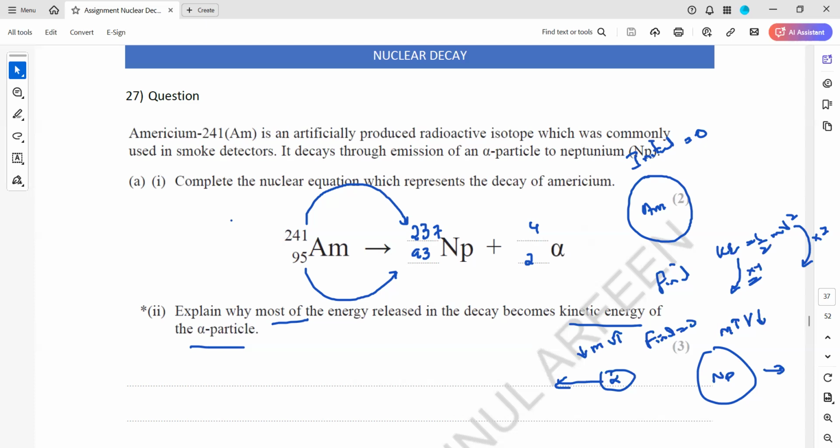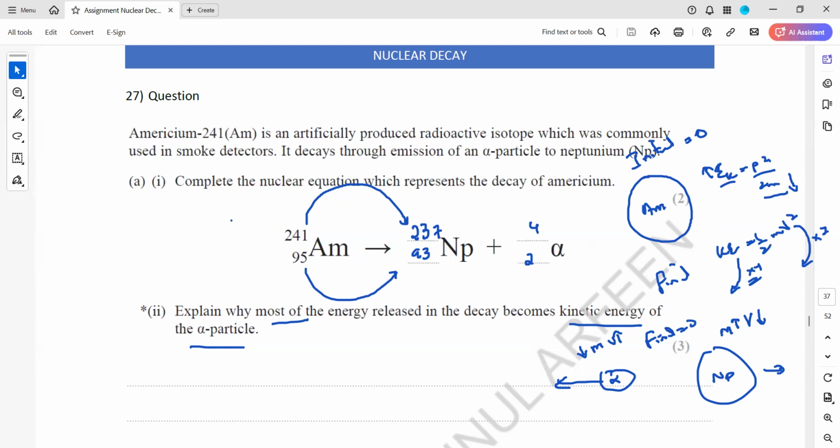You can also compare using Ek equals p squared over 2m. If they have the same momentum, the relation between mass and kinetic energy is inverse. The one which has a smaller mass will have a greater proportion of kinetic energy. So you will mention that the momentum will be conserved in this decay.